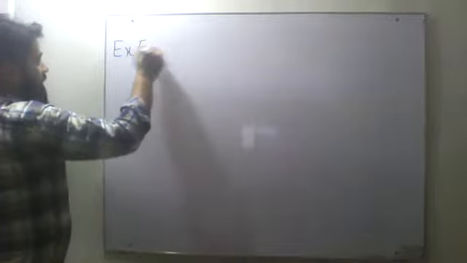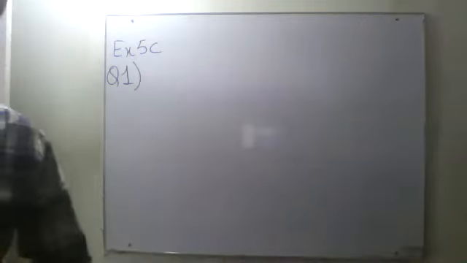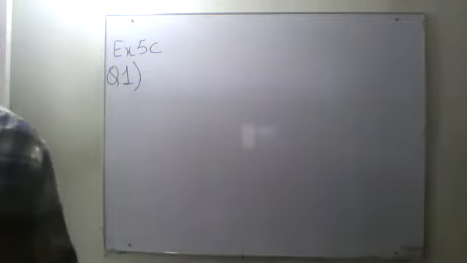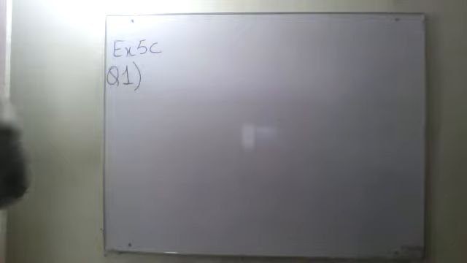So, question number 1 of exercise 5C. There is a table given in question number 1, and in that table, they have given us a few of the values and a few of the values are missing, and they are telling us to find the rest of them.